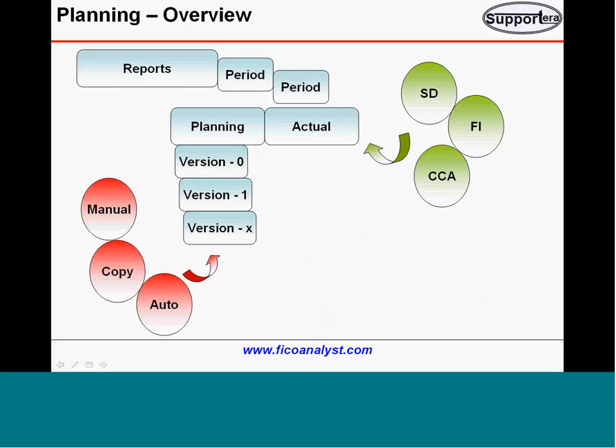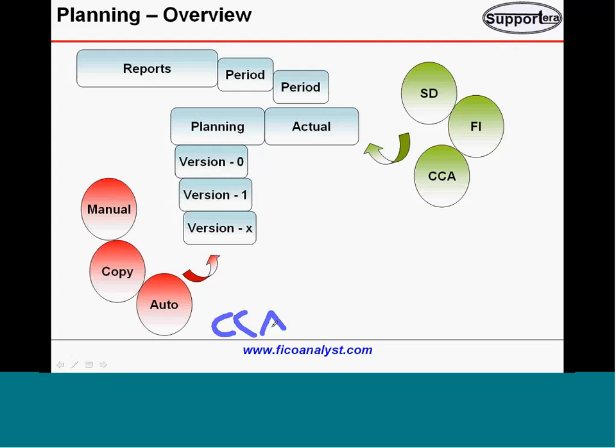So as far as the planning is concerned, the data will be a manual plan, or the copy functionality that I was just talking about. Or you can have auto functions. For example, you may have planning in cost center accounting, CCA planning.